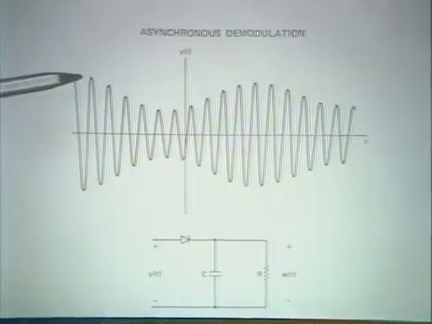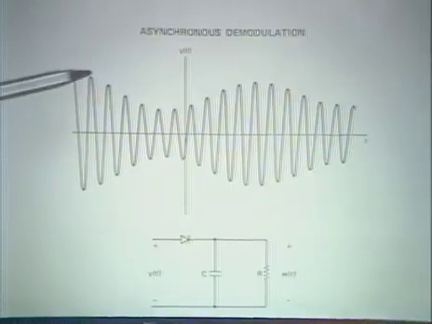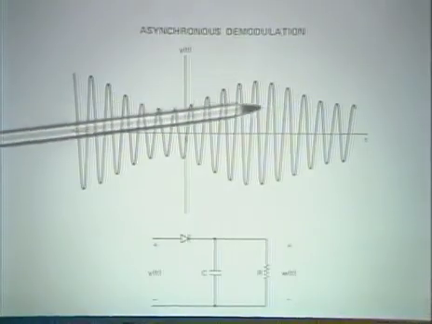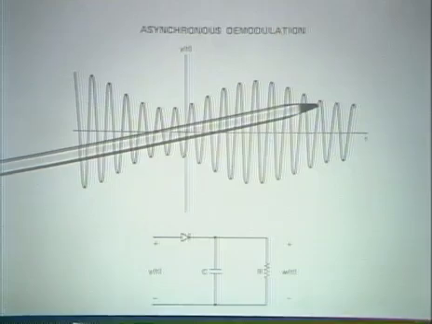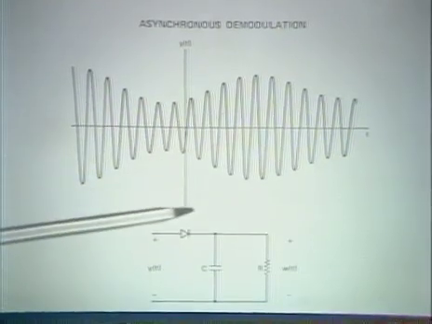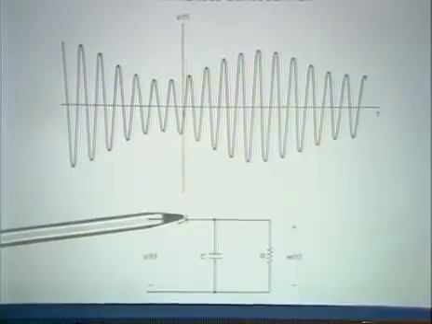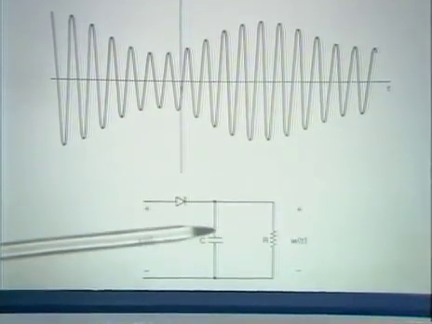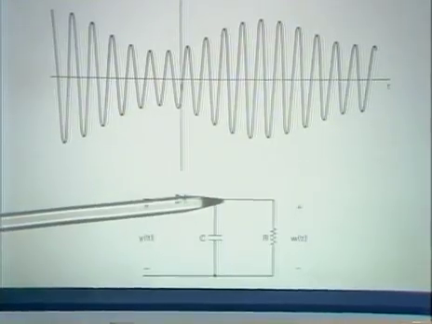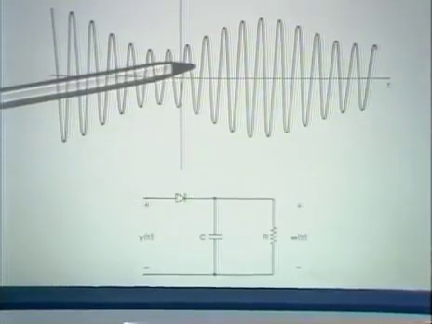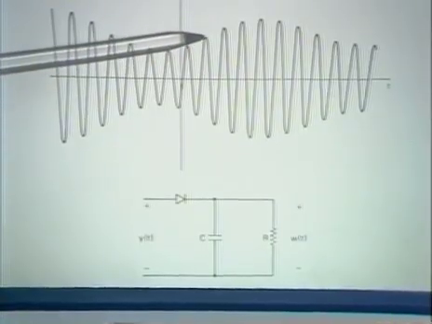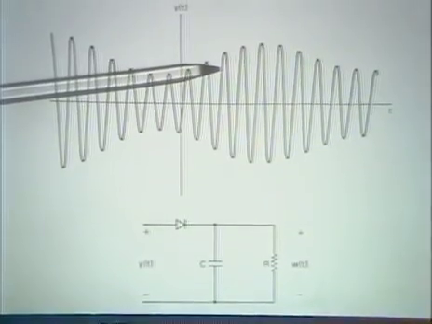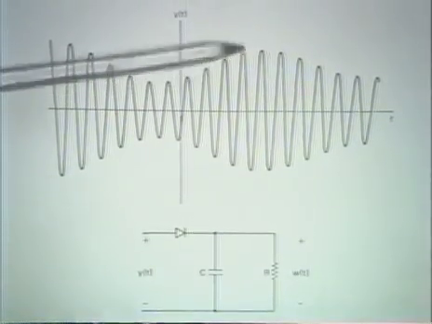Well, one could imagine building a circuit or designing a device which in some sense will track the envelope. And a common circuit to do that is a fairly simple circuit consisting of a diode and a resistor and capacitor in parallel, the idea being that the capacitor charges up as this waveform moves up to its peak, and then as the waveform drops down, the capacitor discharges through the resistor, and it kind of tracks the envelope.